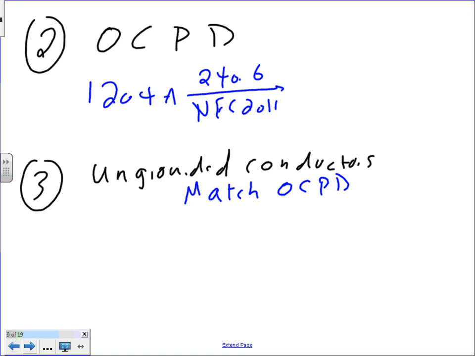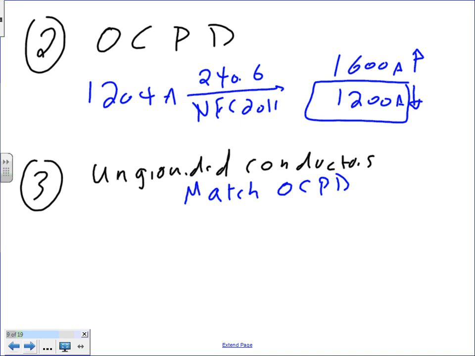Up is 1600 amp. Down is 1200. But I already made up my mind going down by the panel. Can I go up even here? If I made the panel 1200, can I go to 1600? It's not an option. Because I made up my mind to make the panel 1200, the circuit breaker must be 1200 or less. I have no other option. Does that make sense, guys?